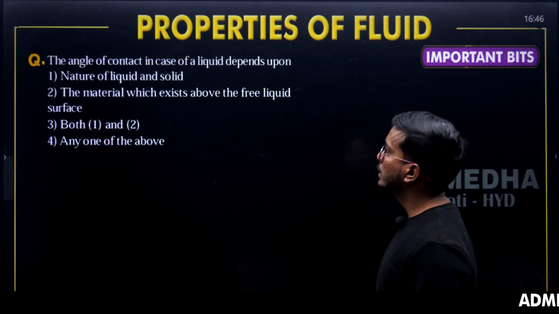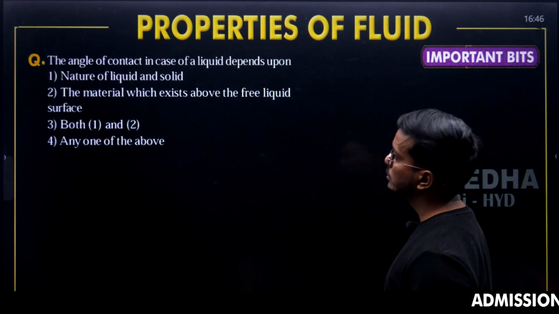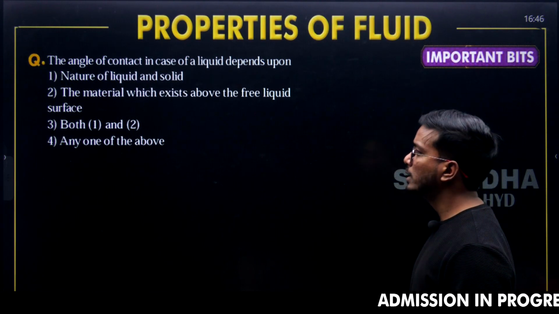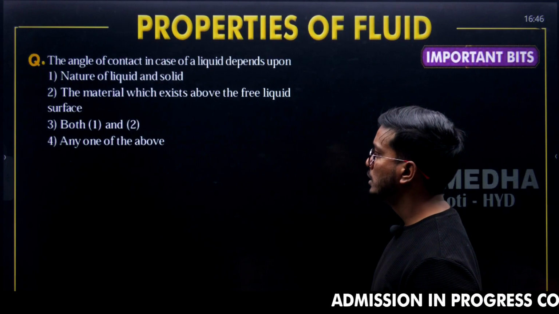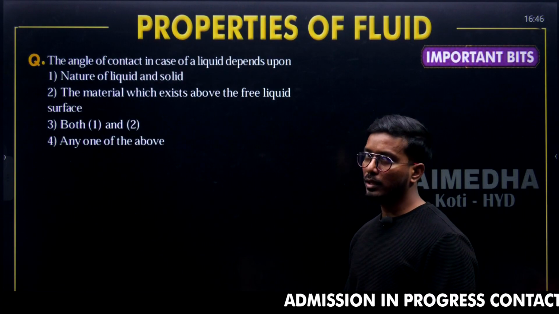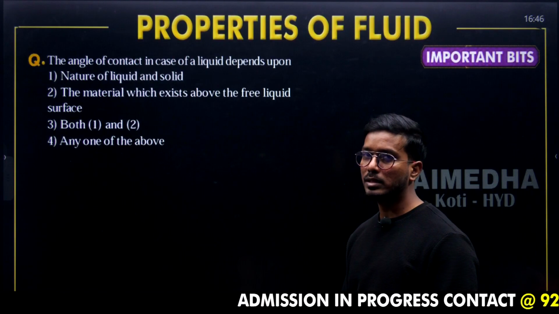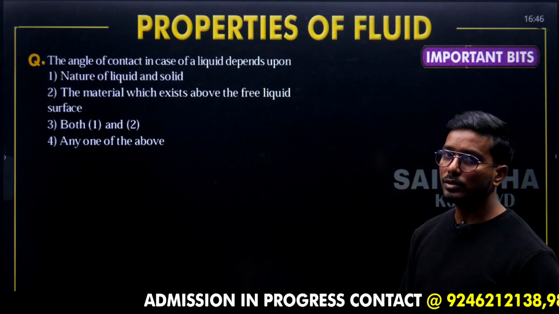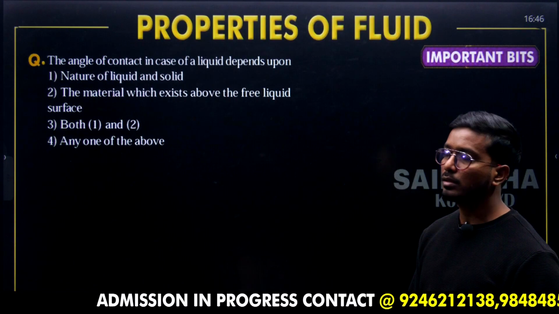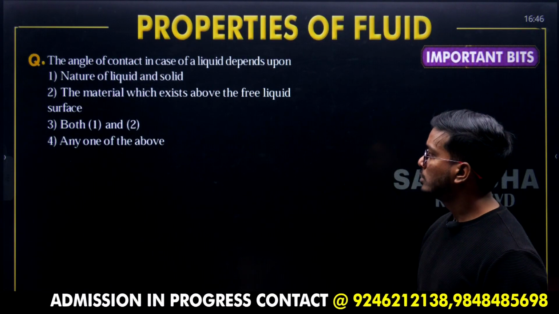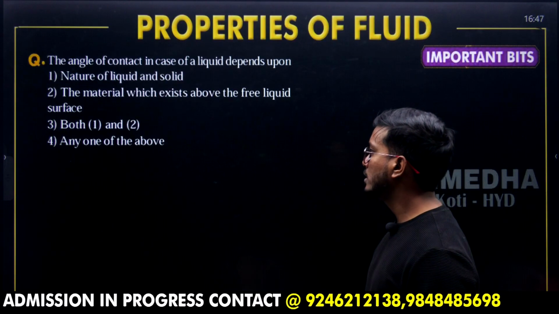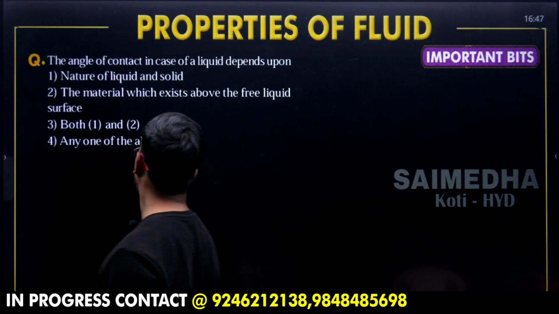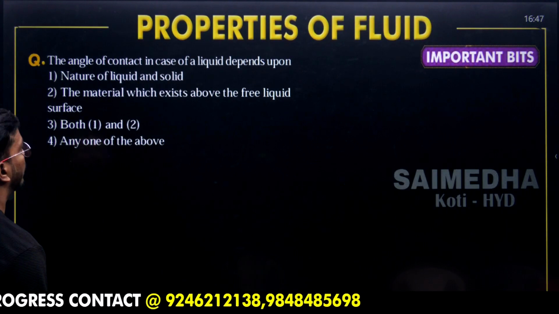Angle of contact in case of liquid depends upon: nature of the liquid and solid, the material which exists above the free liquid surface, both 1 and 2, any one of the above. Yes, it depends upon the nature of the liquid and the nature of the solid, because adhesion and cohesion come into existence, and based on adhesion and cohesion, surface tension comes into existence. So the angle of contact definitely depends upon the nature of the liquid and solid, as well as the material which exists above the free liquid surface.